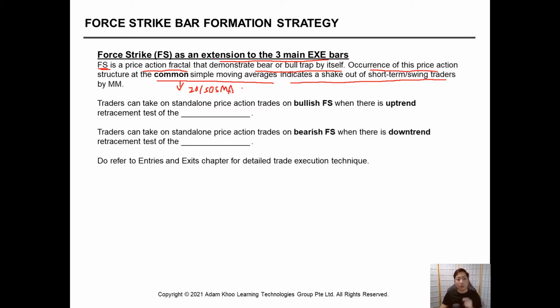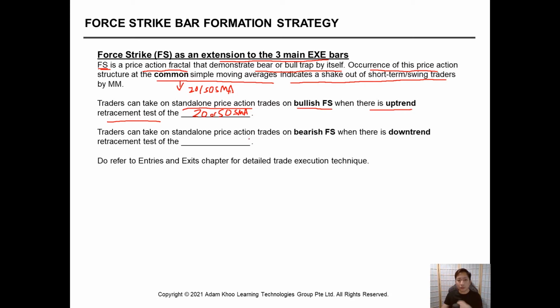Okay, so traders can take on this standalone price action. I call this standalone because it does not need to have a false top or false bottom in this case to trade on bullish FS when there is an uptrend retracement test of the 20 or 50 SMA.